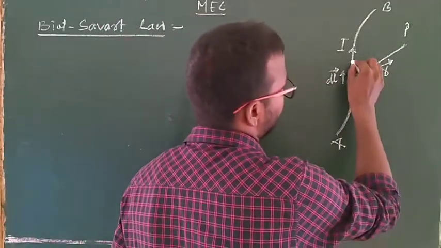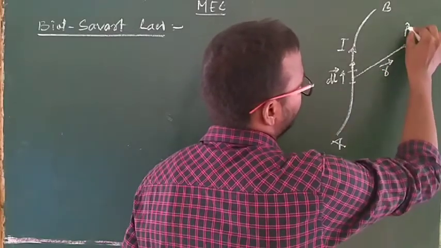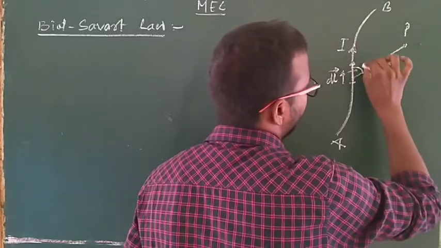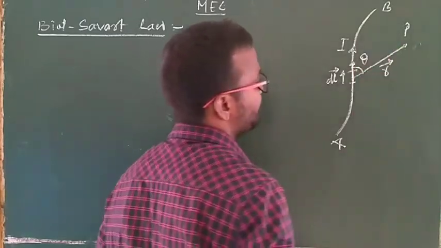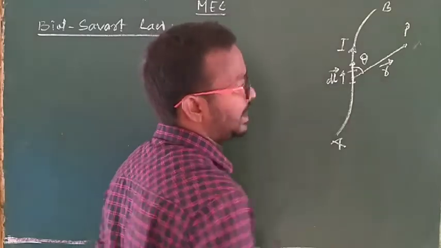This is the dl element or length element, and this is the position vector to point P, and this angle is theta. What is theta? Theta is the angle between dl vector and r vector.